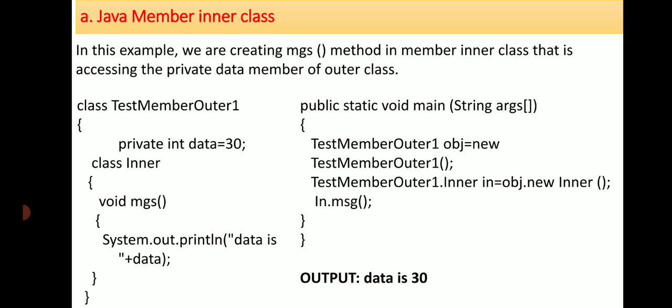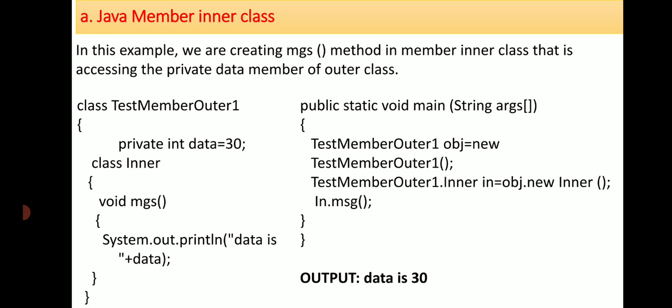First we study the Java member inner class. For this we will see a particular example so that we can understand it clearly. Here, on the left side of your screen, there is a class TestMemberOuter, and there is one private variable, data equal to 30. The class we define inside the class but outside the method is the inner class.